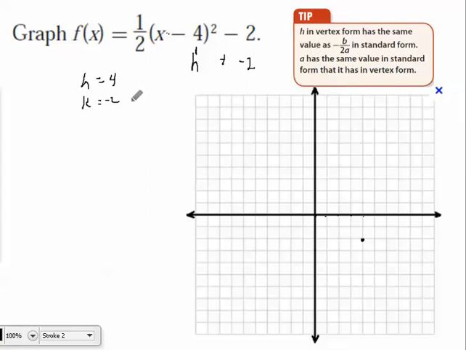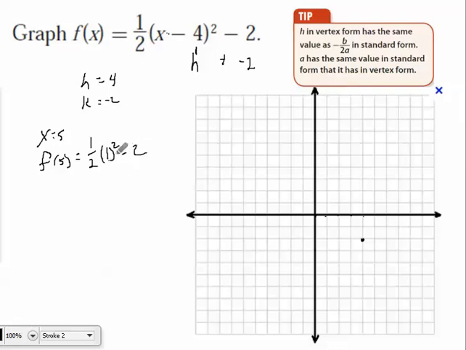Okay? So now, what do I need to do? I need to find a couple more points. Well, since I'm over at 4, I'm just going to go to the next number out, 5. So I'm going to say when x is equal to 5, or finding f of 5, I'm going to find a value. I'm sticking 5 in for x. I'm going to have 1/2 times 5 minus 4, which is 1, squared, minus 2.